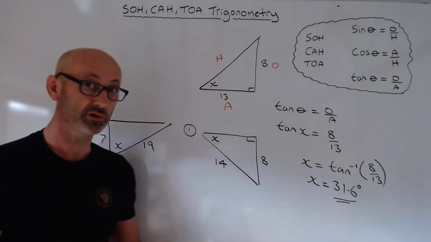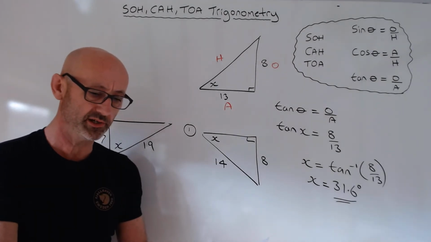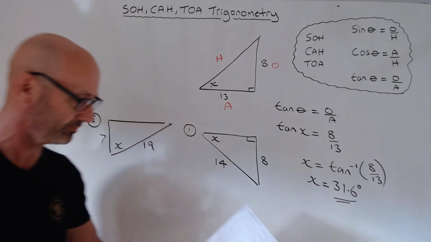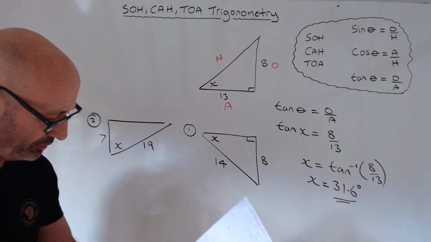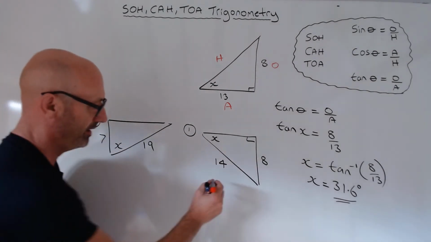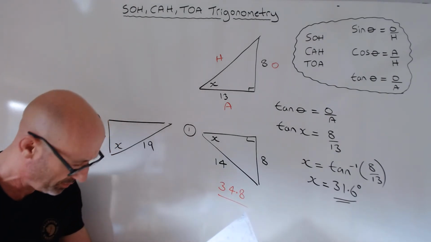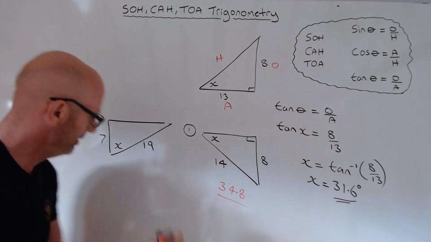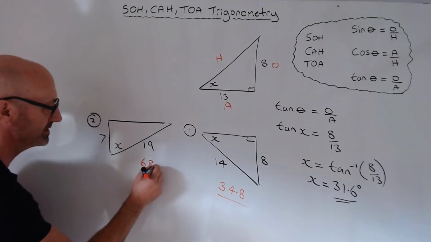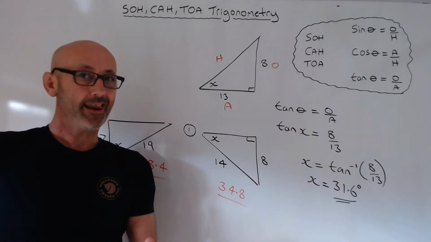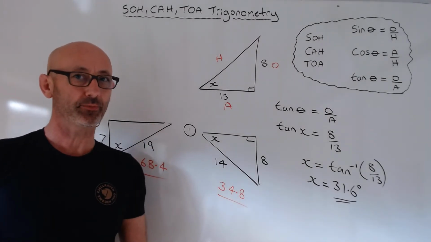So if you can pause the video and try and answer those questions, it's really important you practice these skills. And your answers should be 34.8 for number 1, and number 2 is 68.4. Again, I hope you got that right, okay?